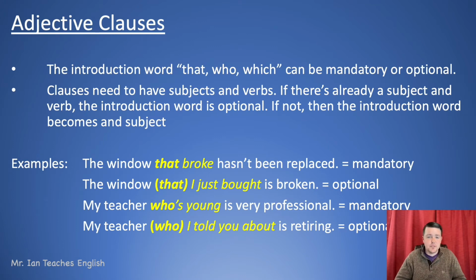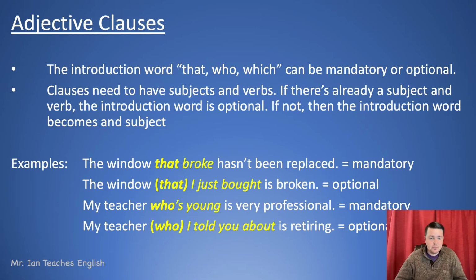And here's some examples about what I mean. The window that broke hasn't been replaced. In this sentence, the introduction word that is mandatory because look at the adjective clause here. That broke. Broke is our verb. We don't really have a subject, so we use that introduction word as the subject.